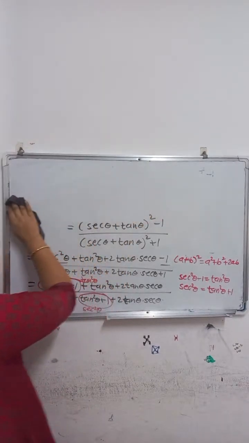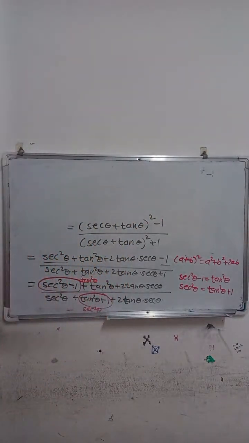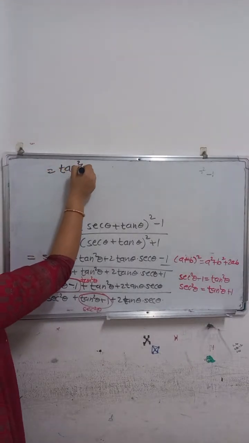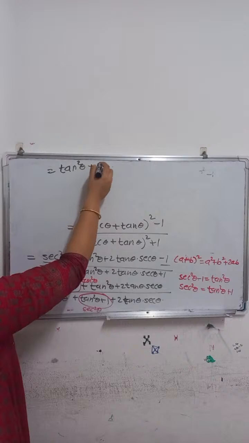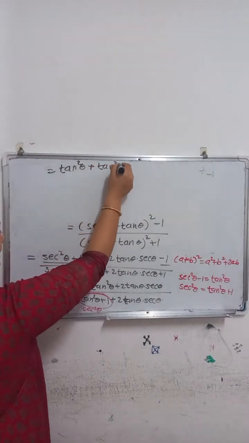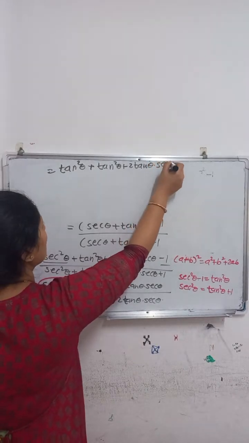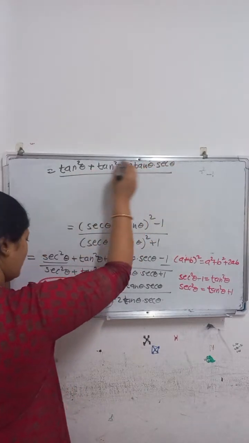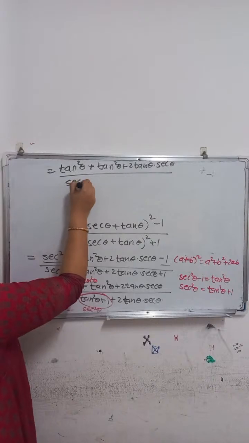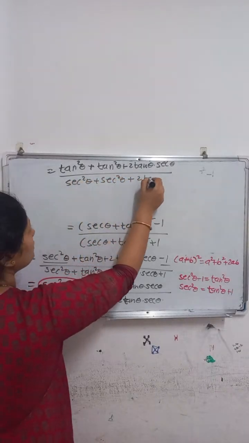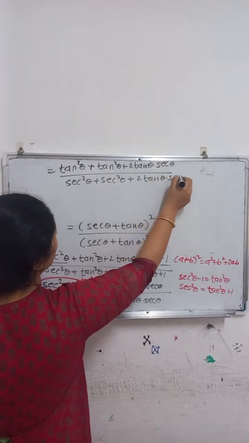Okay, so I will erase the above question, and then I will replace this by tan square theta plus again tan square theta plus 2 tan theta into sec theta, divided by sec square theta plus sec square theta plus 2 tan theta into sec theta.